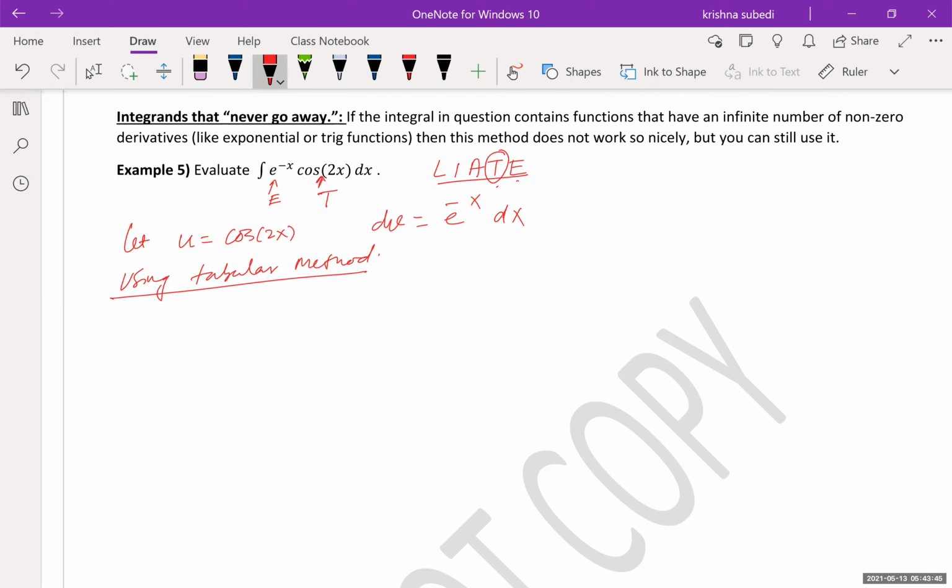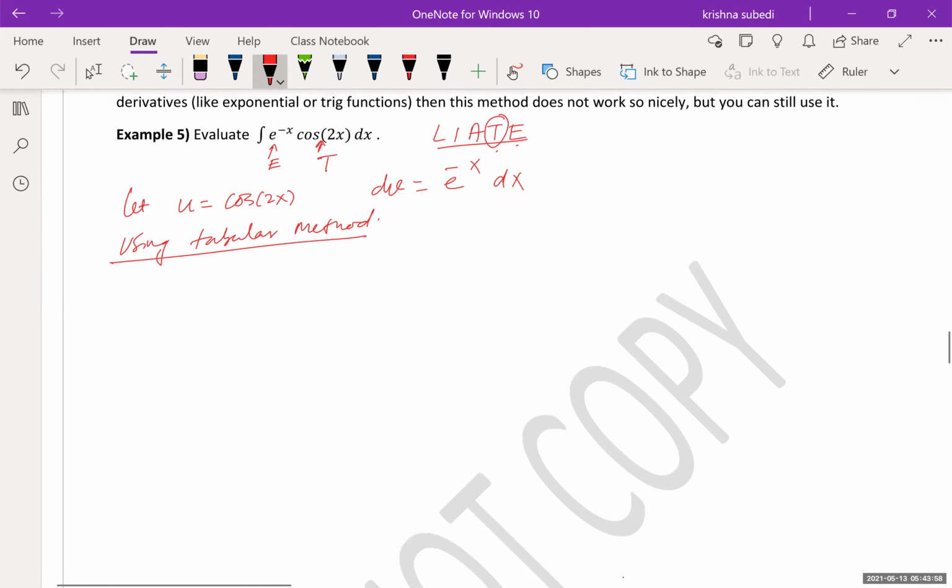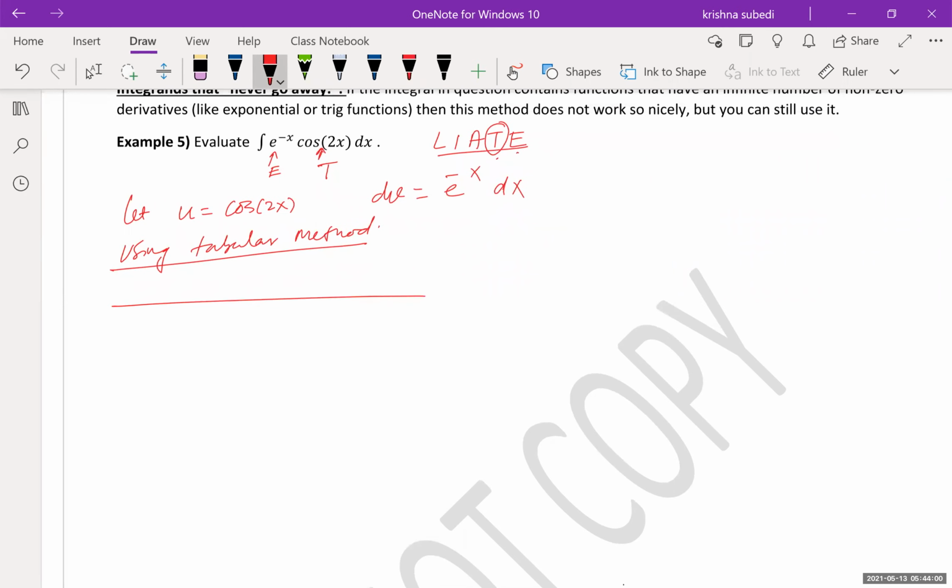In the tabular method, basically the tabular method is also integration by parts. The only thing is that we put all the things in a very systematic way in a table. That's why it's making our life easy. So let us make a table.